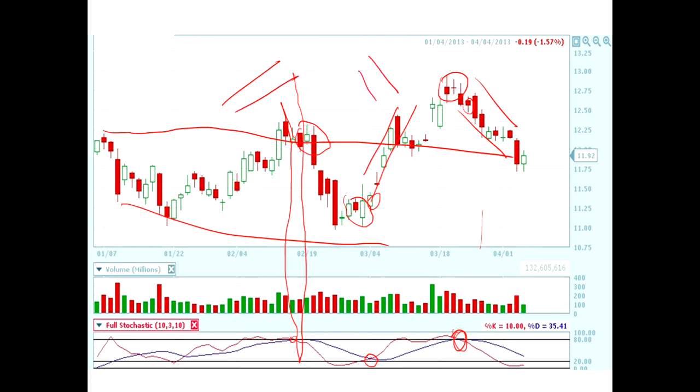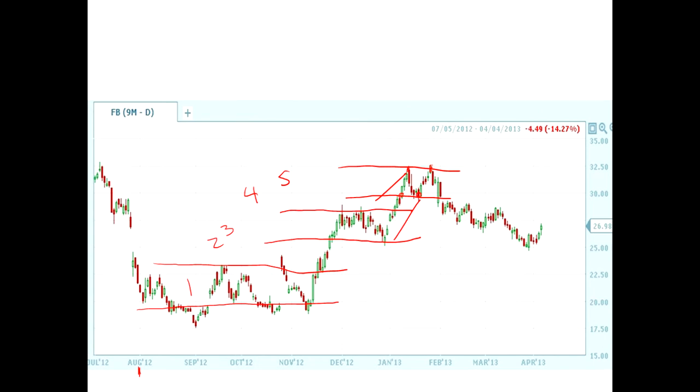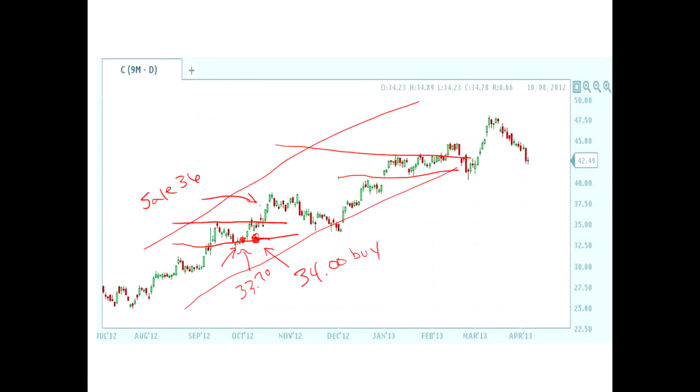Going back, this is trending upward. This will not be ideal to use stochastics. Now, let me erase this.